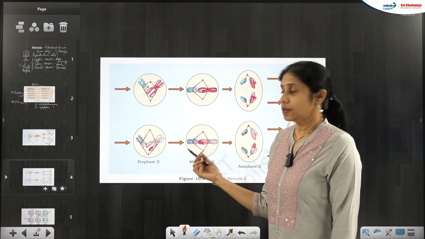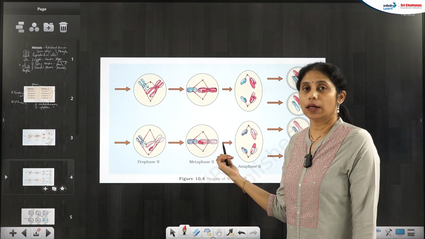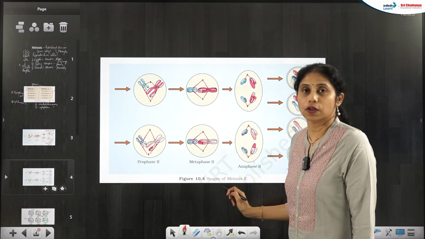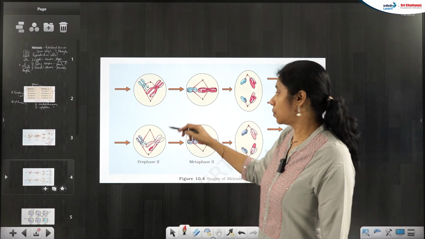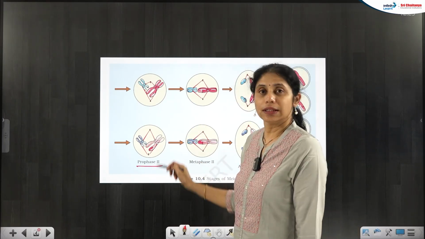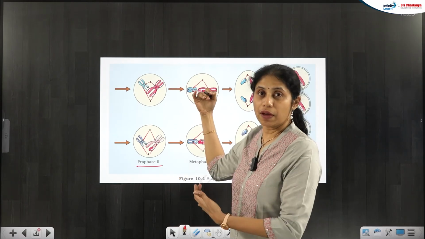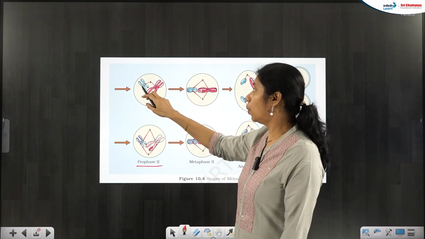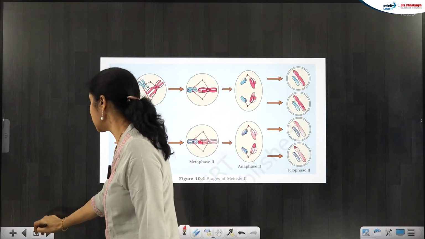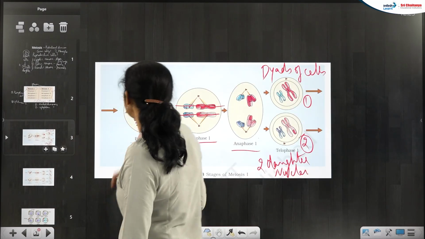Then you can see here the same kind of picture given in NCERT, showing the stages of meiosis 2. In meiosis 2, prophase 2 is the first phase, and the blue and red chromosomes are taken from the previous diagram, at the end of telophase.